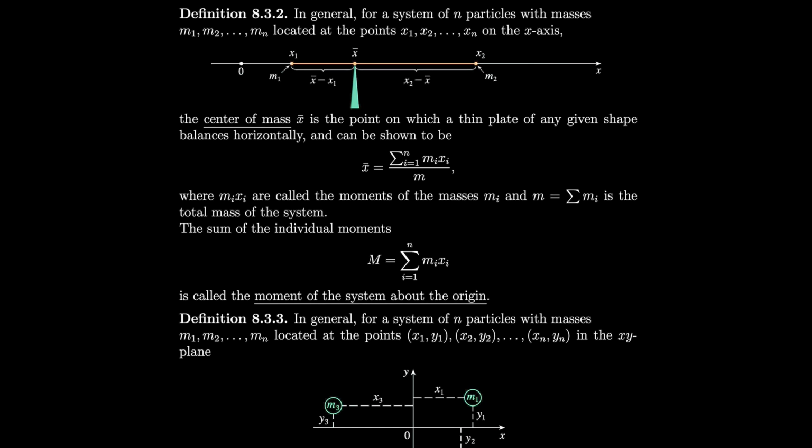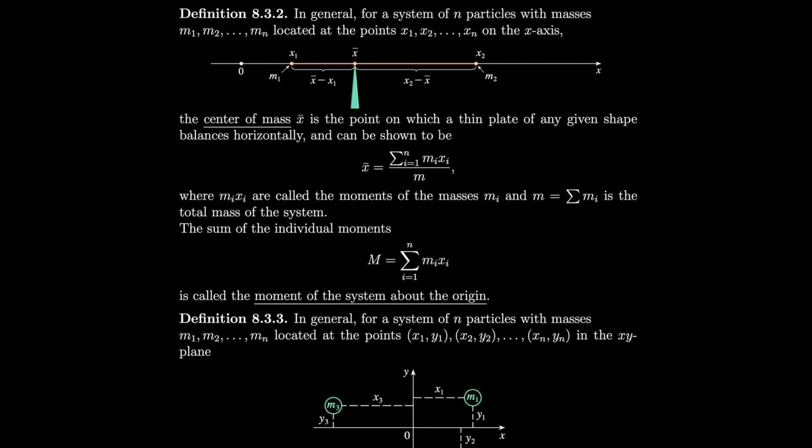In general, for a system of n particles with masses m1, m2 through mn located at points x1, x2 through xn on the x-axis, the center of mass x bar is the point on which a thin plate of any given shape balances horizontally, and it can be shown to be the sum of the masses of each of the points times each of the points divided by the total mass.